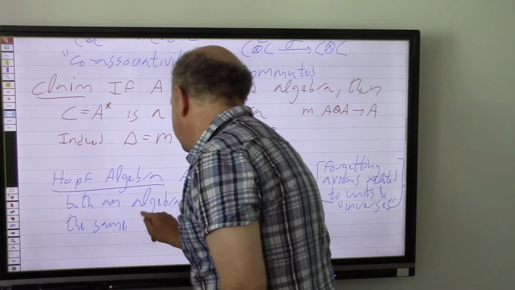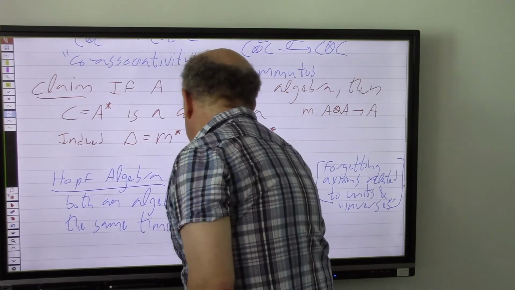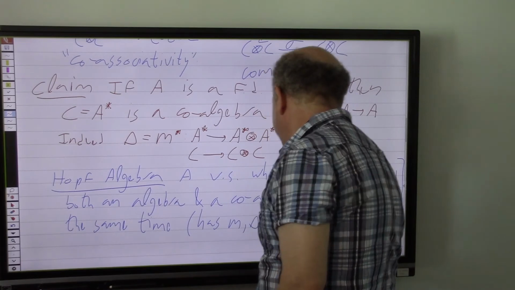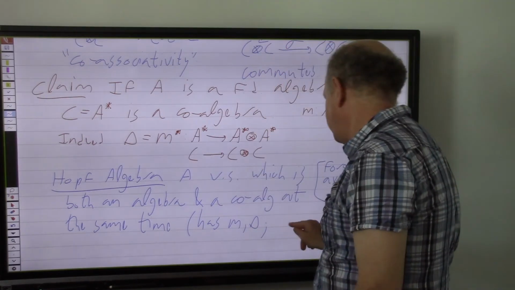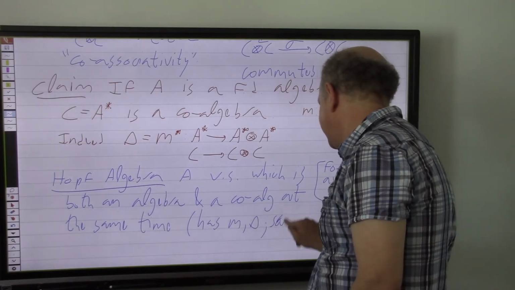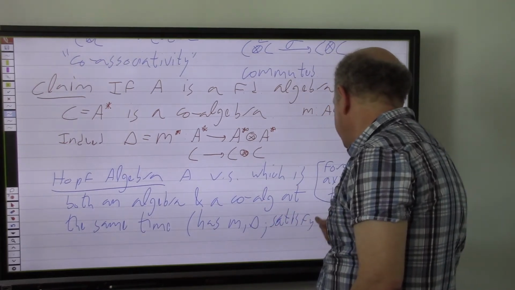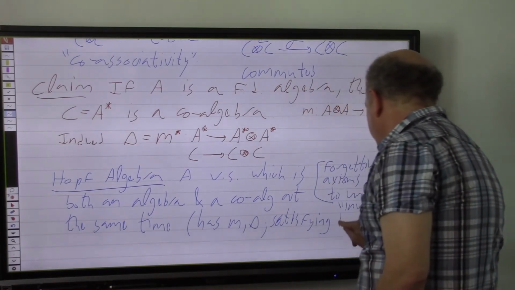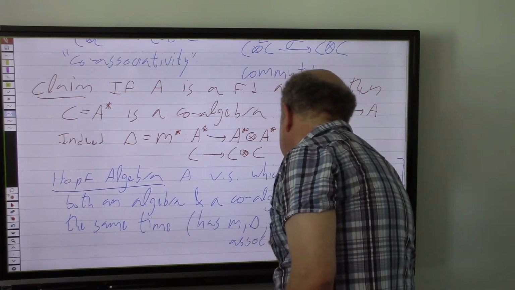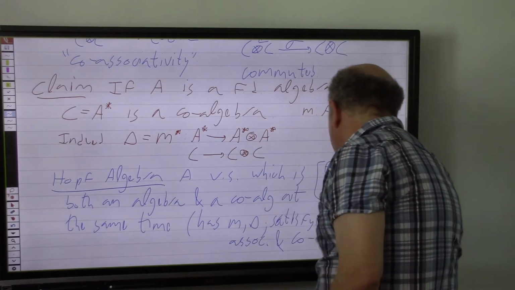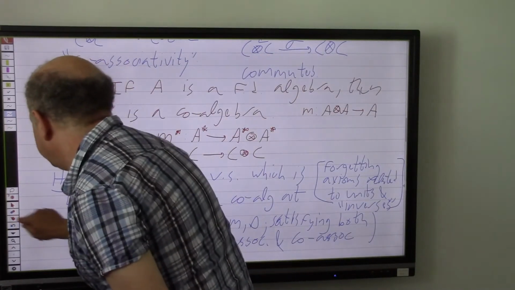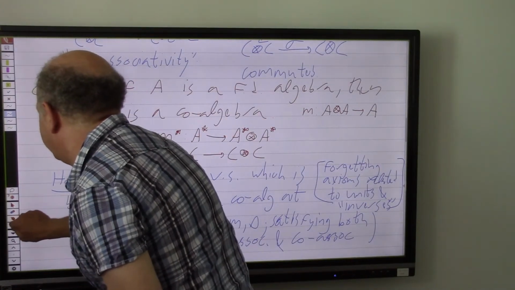So meaning, it has M and delta, and it satisfies both associativity and co-associativity, but you also want the two to be compatible.